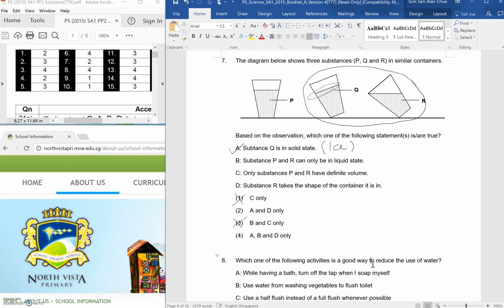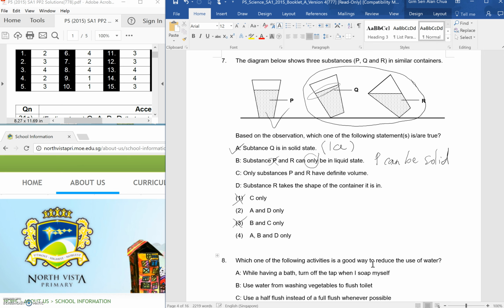So P can only be in liquid state, cannot be gaseous state. But the question is, can P be in solid state? Certainly. If you tilt Q back normal and sit on the tabletop, Q will look like P. So P can be solid.